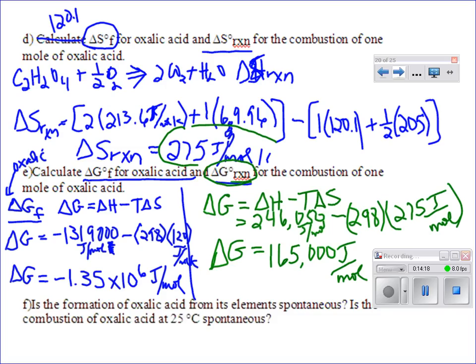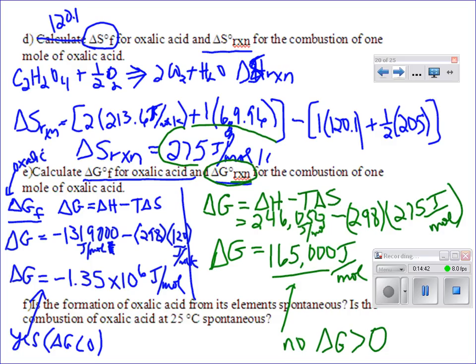Is the formation of oxalic acid spontaneous? That's this one. This is spontaneous, yes. Why? Delta G is less than 0. Is the actual combustion of oxalic acid, the full-blown thing, spontaneous? No, because delta G is positive.